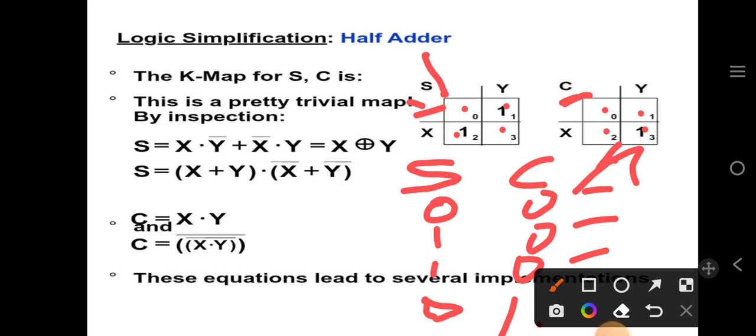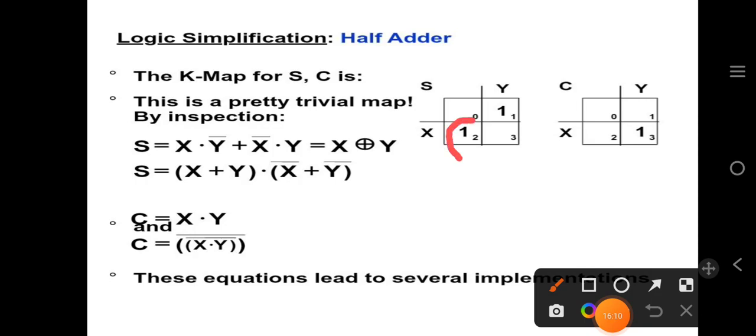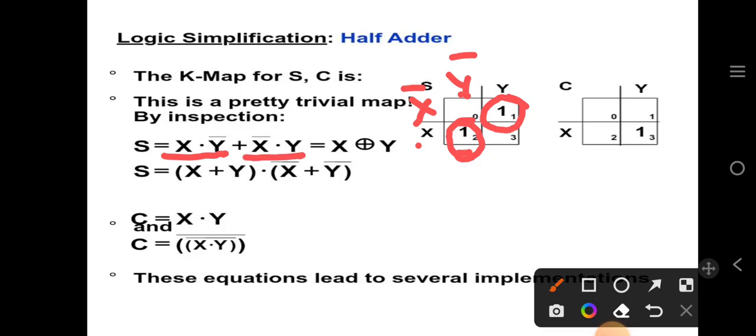Now the next stage is what? To write the logic equation for the ones that we have plotted in the K map. So we will make first the groups. So first group will be this one, second group will be this one. So if you write the equation for this one, it will be what? This is x bar. This is y bar. So what will be for this group? It will be x y bar. Now for the second group, it is x bar y.